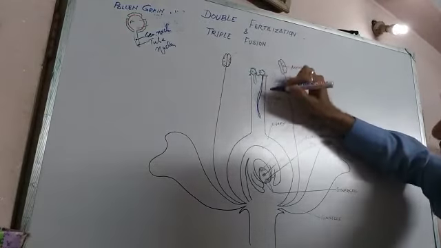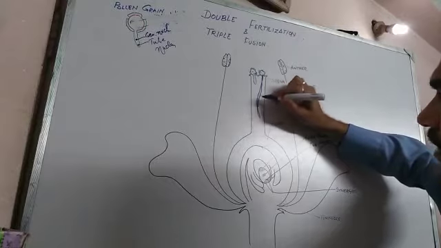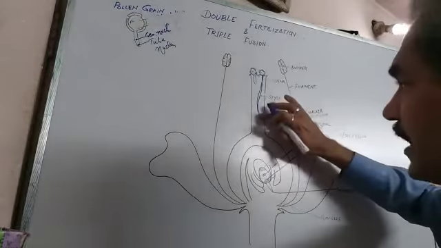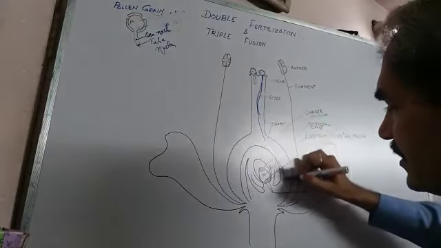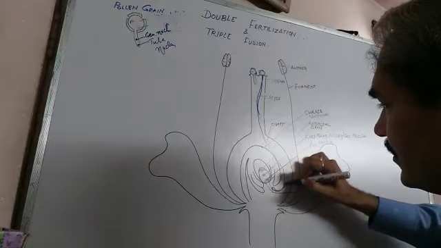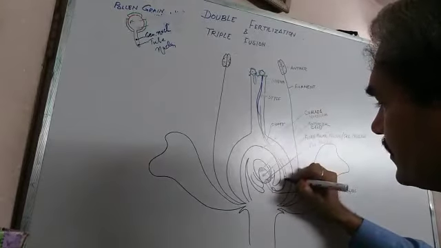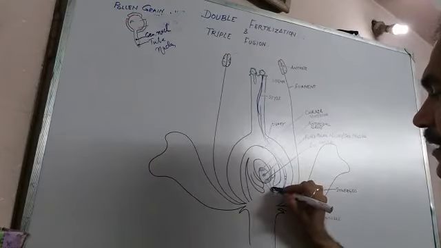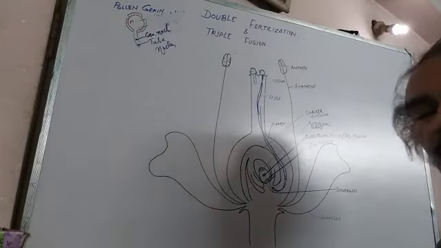It starts moving through the style, the tube nucleus and the generative nucleus. By this time, the generative nucleus divides into two male gametes, and the tube nucleus is in front of the pollen tube.